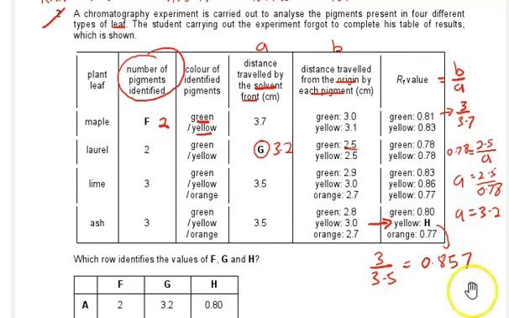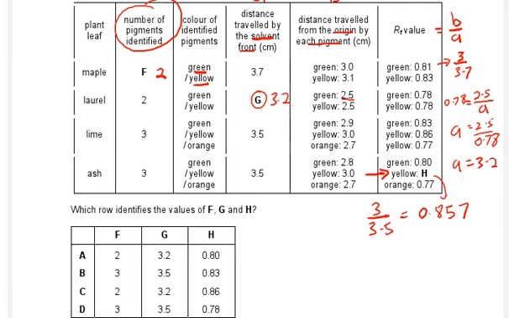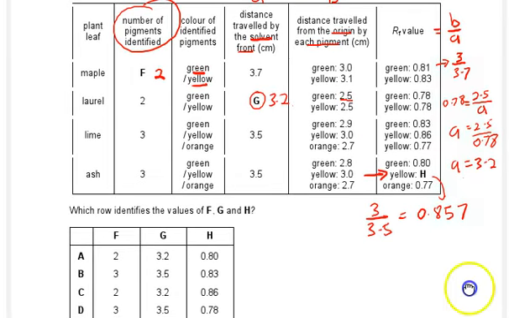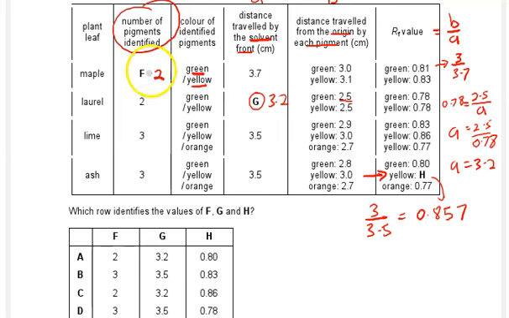Now let us look at the answer options. F is 2, so it's either A or C. 3.2, both are right, and the H is the nearest, 0.86. So your answer is C over here.